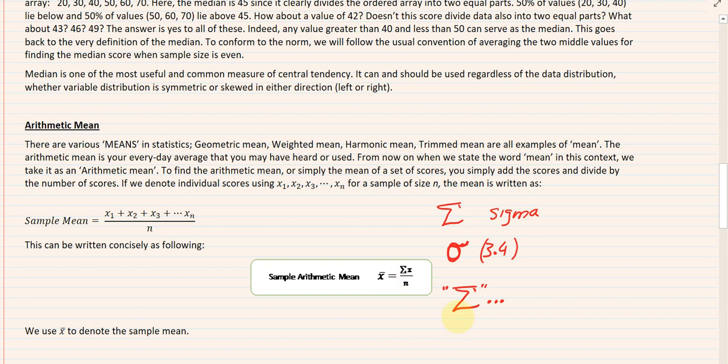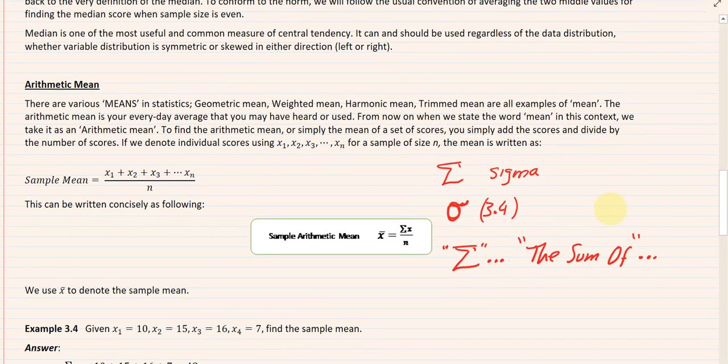So you can translate the sigma notation as the sum of whatever's in front of it. Those three words replace the symbolic representation sigma.